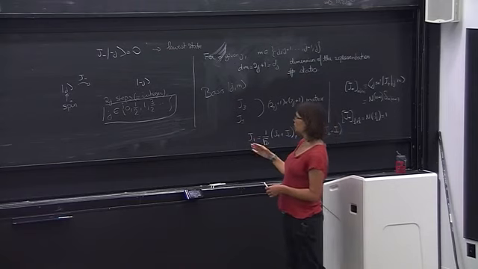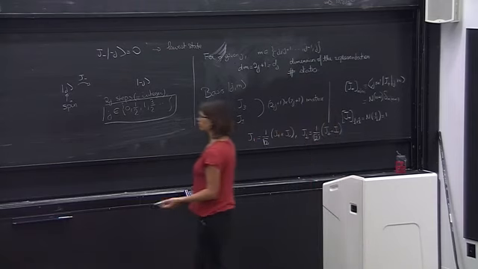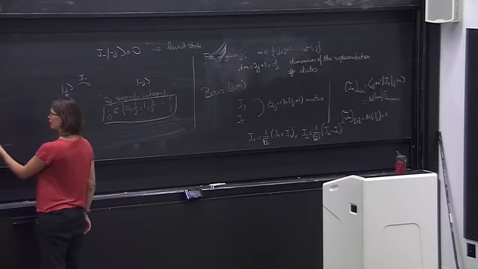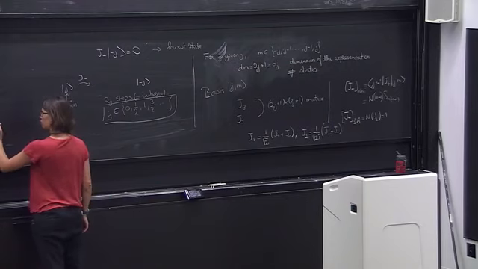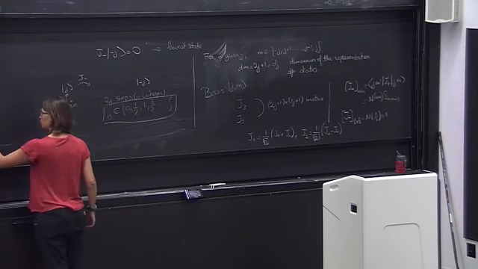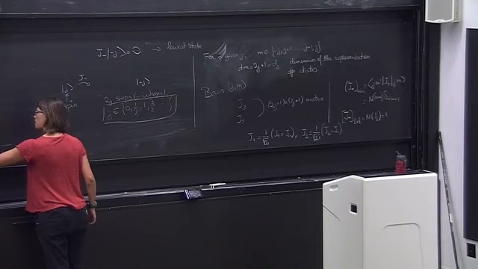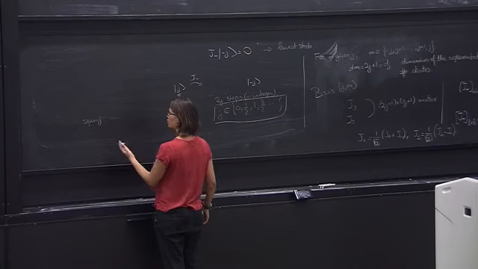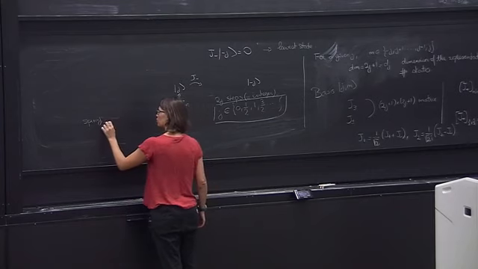So for SU2, what you need to remember is that your irreducible representations are characterized by a spin, and a spin j representation is of dimension 2j plus 1. Okay, so you have spin j. And the spin j here, the j appears as the highest weight in your construction.